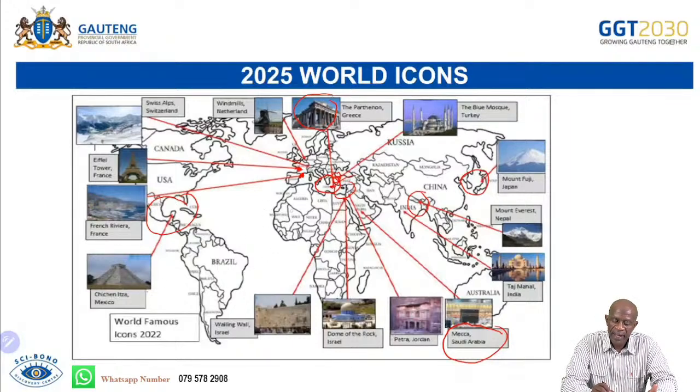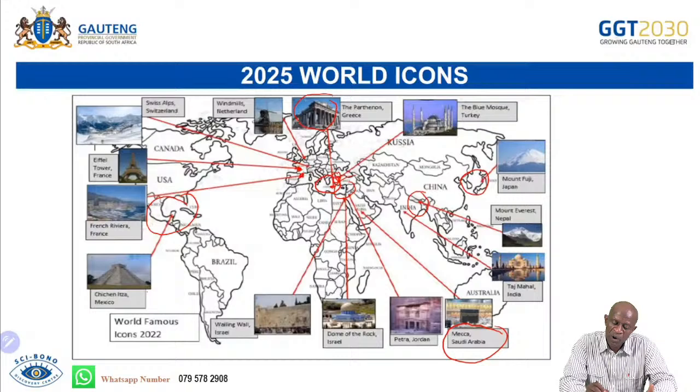And in Europe, you have a couple of icons to study, from the windmills in Netherlands, the Swiss Alps in Switzerland. You also have in France, Paris, the Eiffel Tower. You also have the French Riviera. So these are European attractions or world icons.